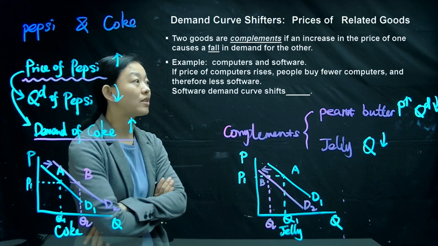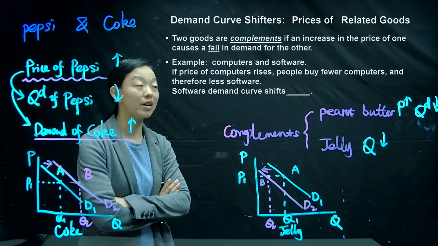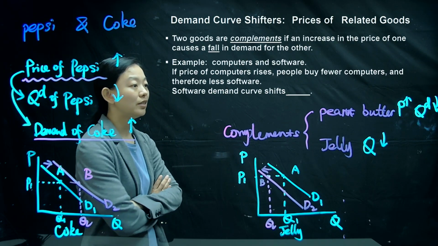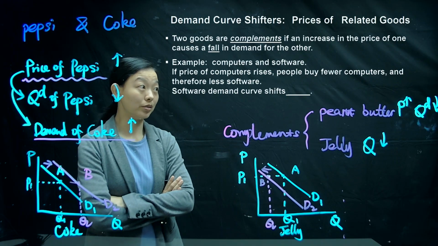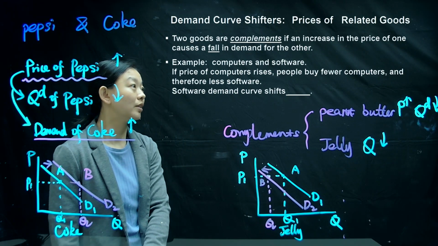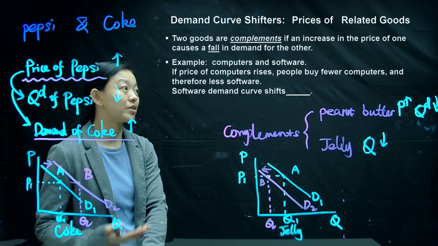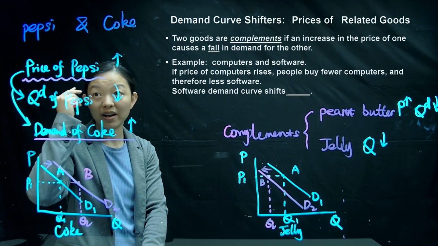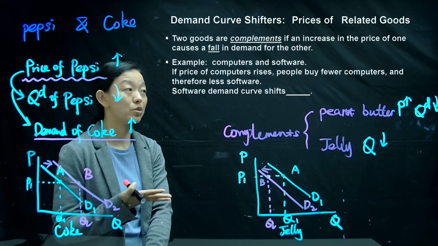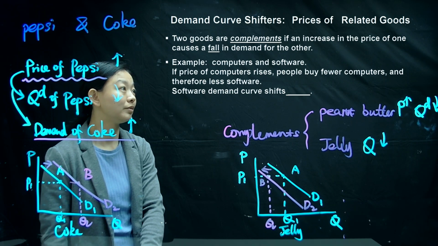Examples include peanut butter and jelly, or cream cheese and bagel. Sometimes computers and software, or frames and lenses, which we always consume together.